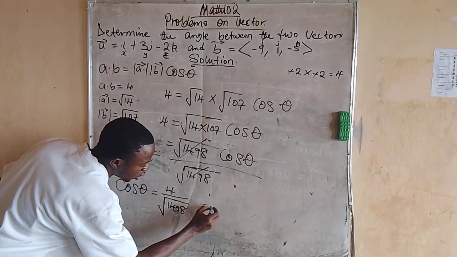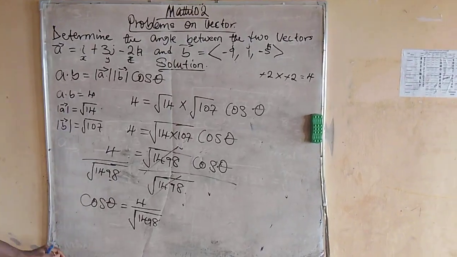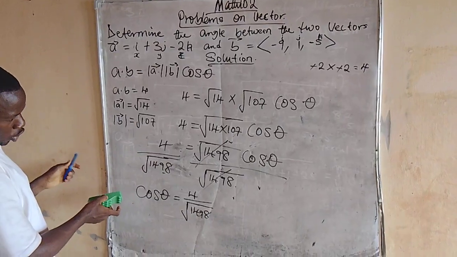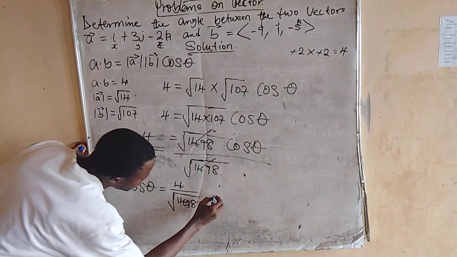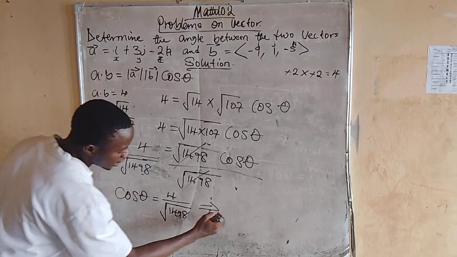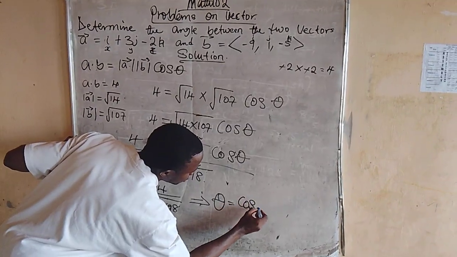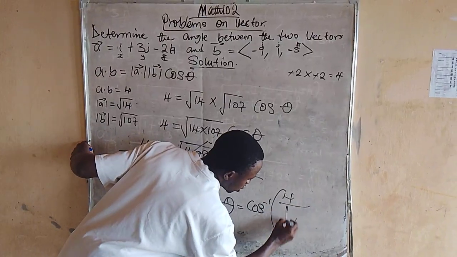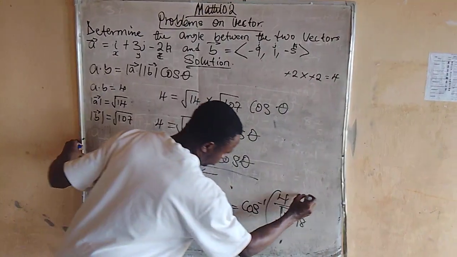Sorry, let me free up the board. Let's continue. There's still space, so we continue. Transposing cos to the other side to make theta stand alone, we have theta is equal to cos inverse of everything that you are seeing here. It is 4 all over square root of 1498.